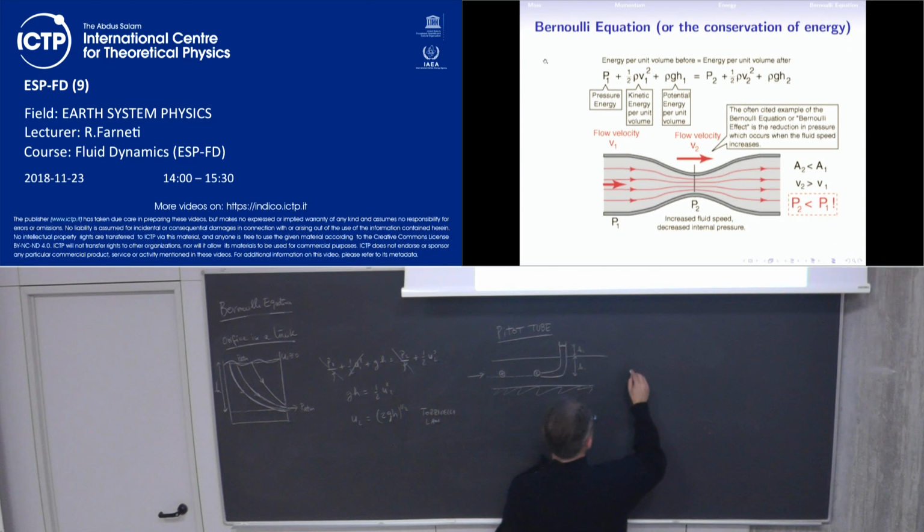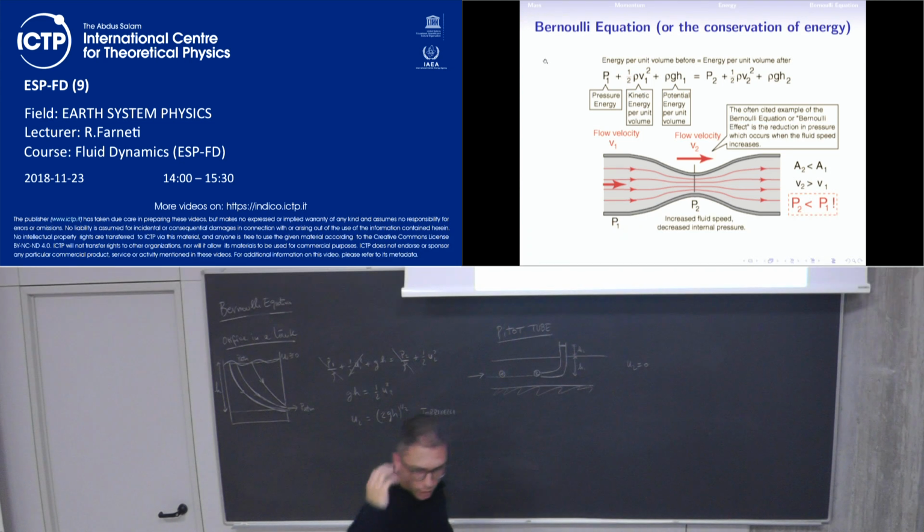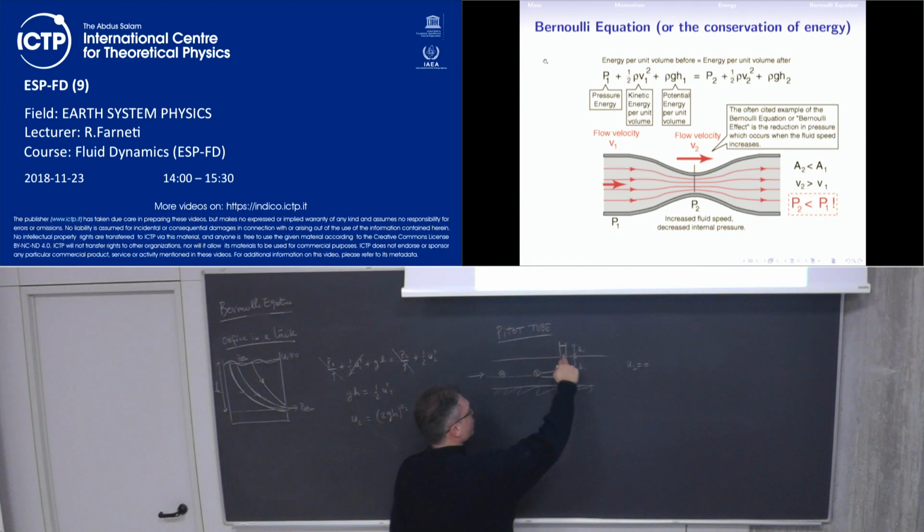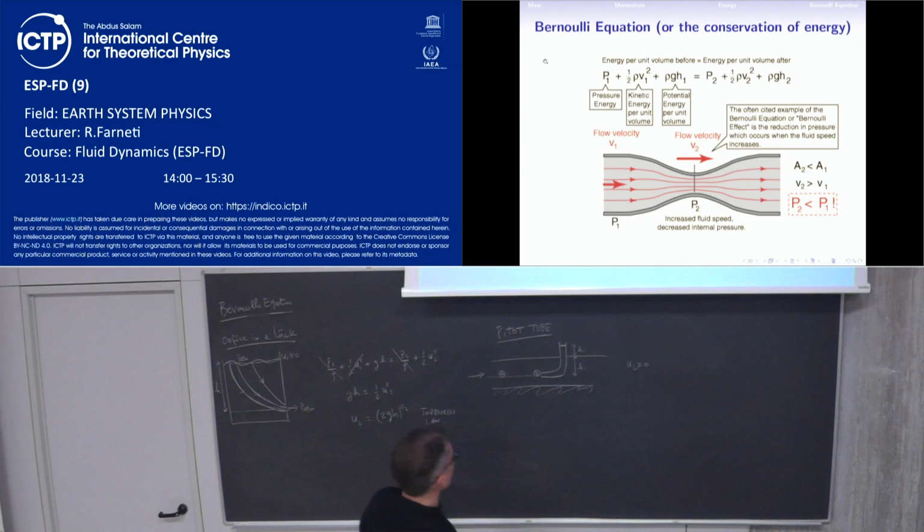So U2 is equal to 0. Otherwise, the flow will spill out of the tube. There's actually an equilibrium when the fluid fills until a certain level of the tube, and when the equilibrium is found, then the velocity at 2, which is right at the exit of the tube, is equal to 0.